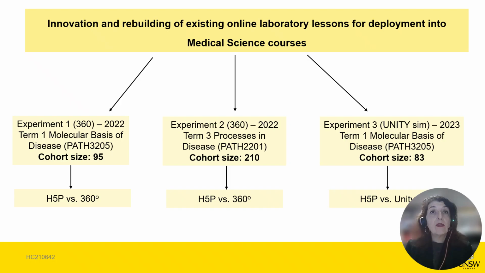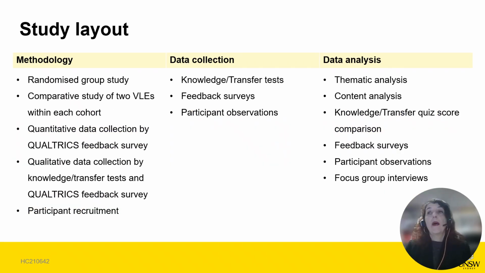So we started our thinking by creating a method. We had a randomized group study, comparing two types of virtual learning environments within each cohort. We had quantitative data collection by Qualtrics feedback surveys and qualitative data collection by knowledge transfer tests. These were pre and post tests evaluating student understanding of cancer cachexia.